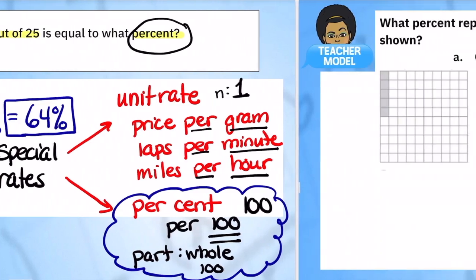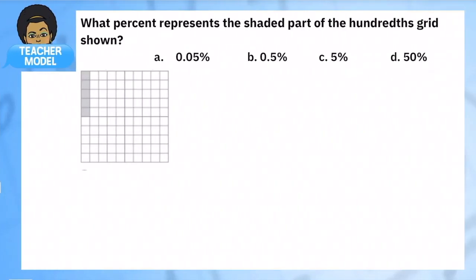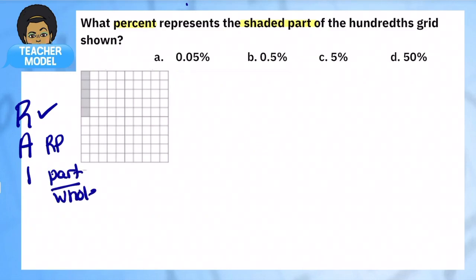All right, let's look at the next example. Here we go. What percent represents the shaded part of the grid? I'm just going to read the question. This is a percent problem, so it's still an RP problem. And just identifying, I'm just looking at the graph. So what do you see in the graph? You're going to look for the part to whole relationship.